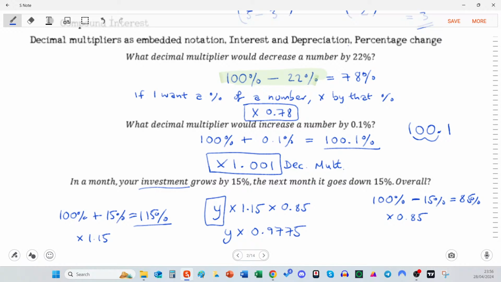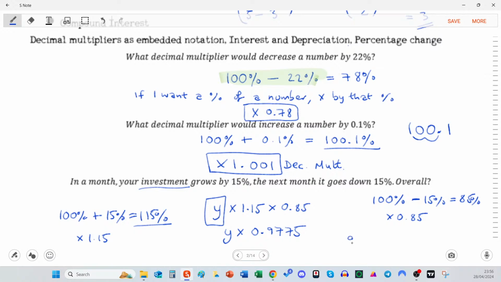Okay, now we can think about what effect that has by reversing our previous logic. Now, if this is the decimal multiplier here, 0.9775, we can work backwards to find it as a percentage.